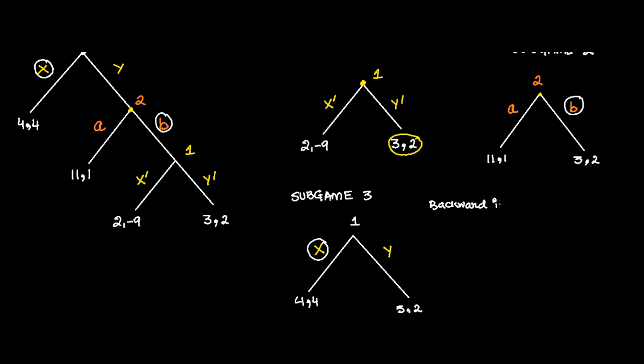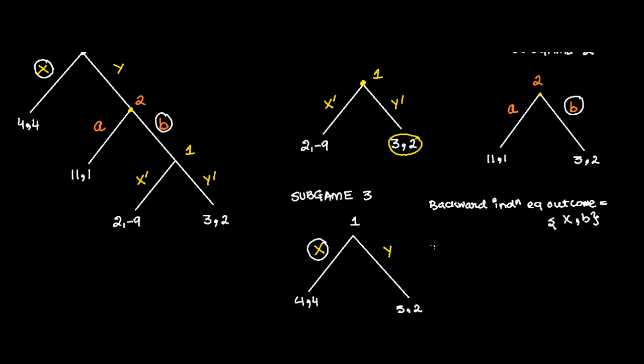The backward induction equilibrium outcome of the game is, for player 1 it is X and for player 2 it is B.